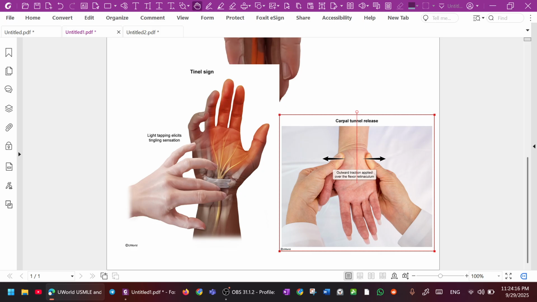Another is pronator teres syndrome, median nerve compression in the upper forearm when the median nerve passes between the humeral and the ulnar head of the pronator teres muscle.